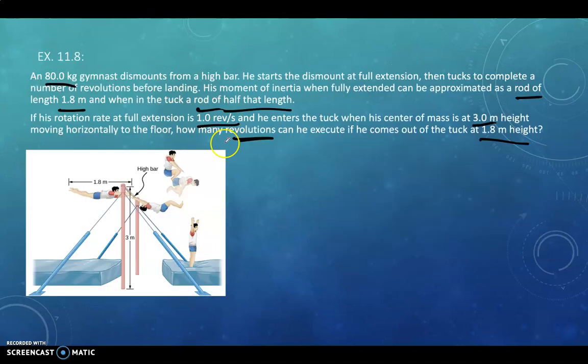So we should have L is equal to L prime, so I omega is equal to I prime omega prime. Okay.